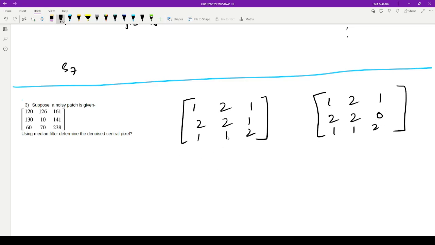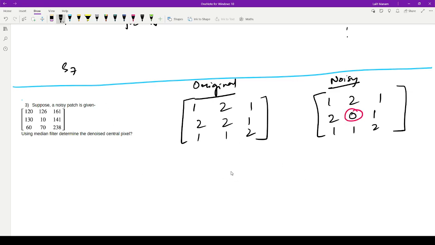So this is the original image and this is the noisy one. I'll just do the central pixel so that there is no confusion. When you apply the median filter on this, this is original and this is noisy.